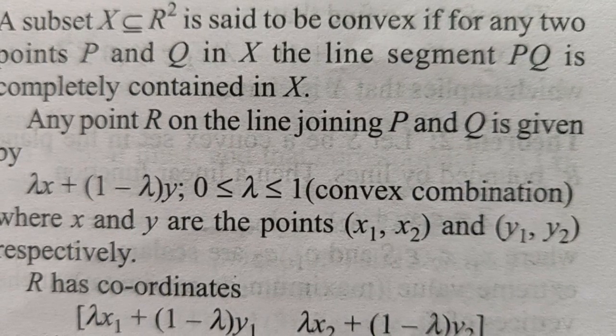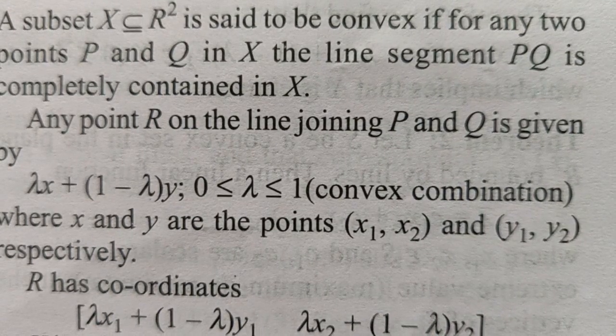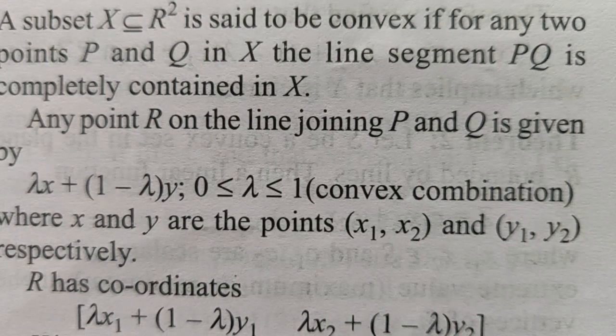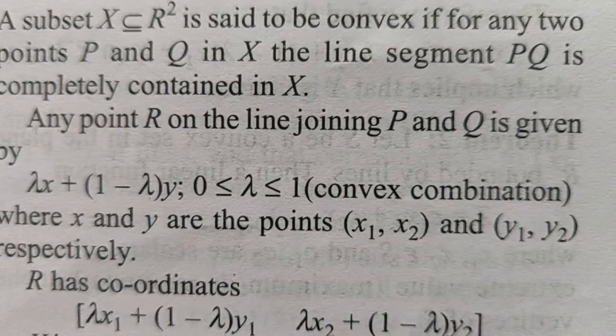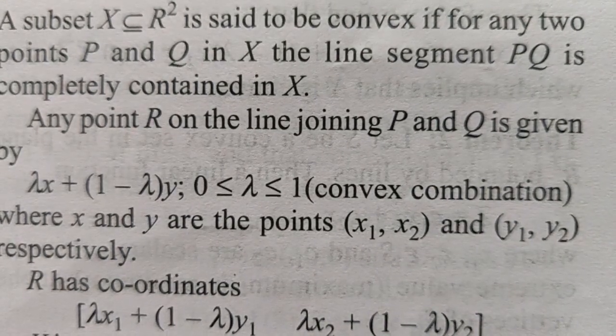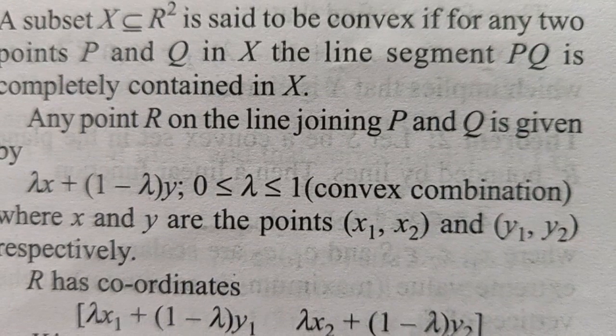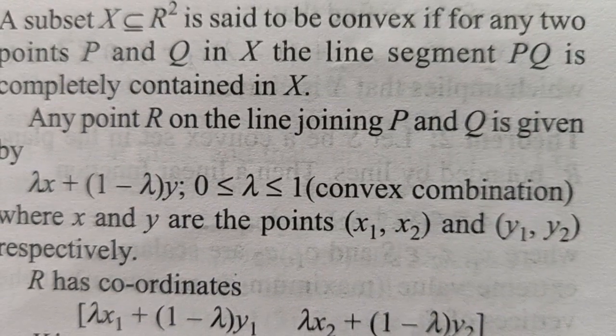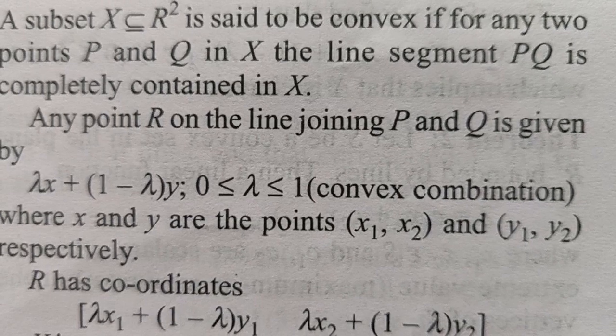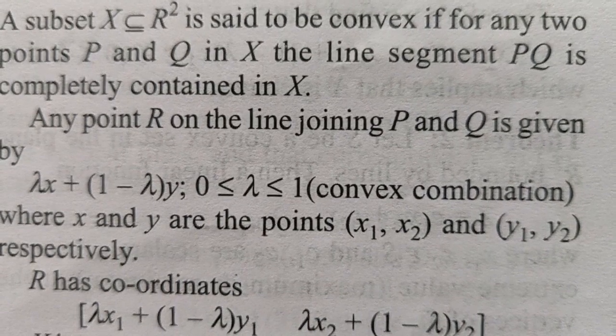So mathematically talking, what is it? Any point R on the line joining P and Q, you know that it is given by lambda x plus 1 minus lambda y, where lambda lies in the closed interval 0, 1, which is called the convex combination, where x and y are the points x1, x2 and y1, y2 respectively.